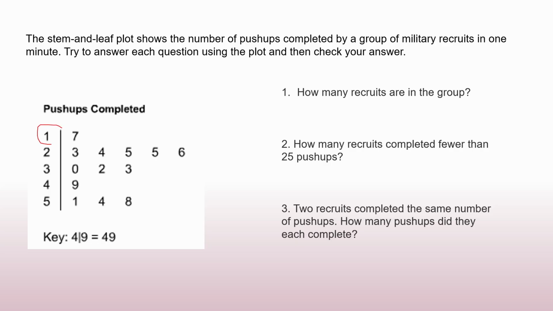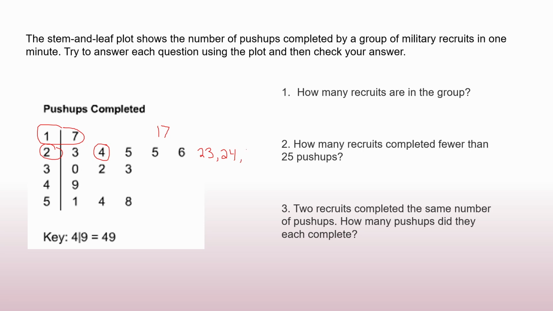So in this first section, we have the number 17. So one recruit did 17 push-ups. Now in the next row, we have the numbers 23, 24. Okay, here's your stem and your leaf. So 24.